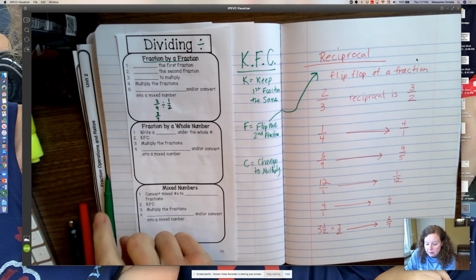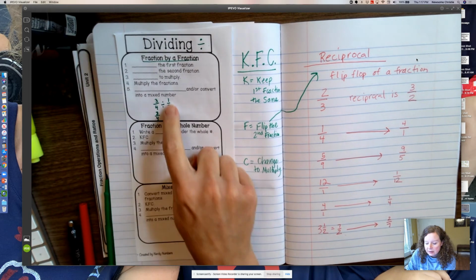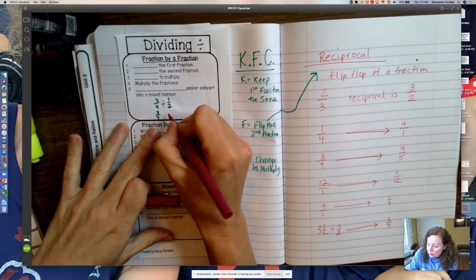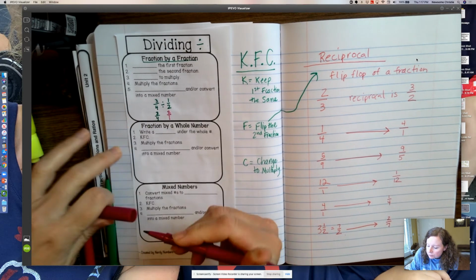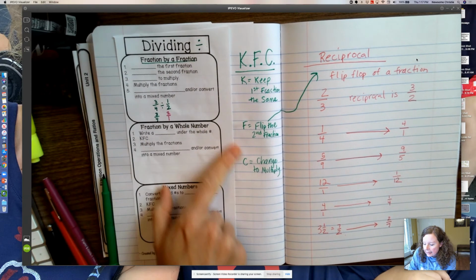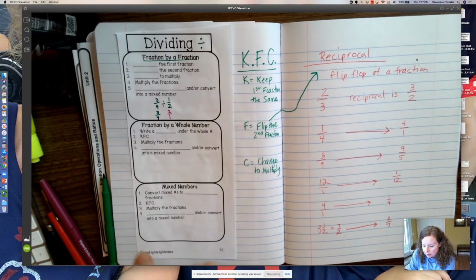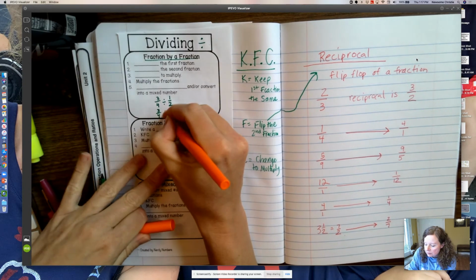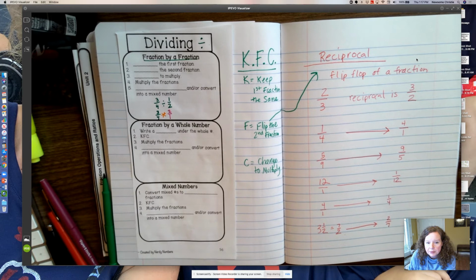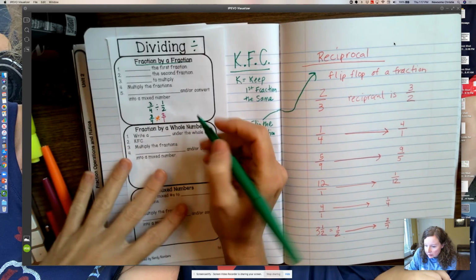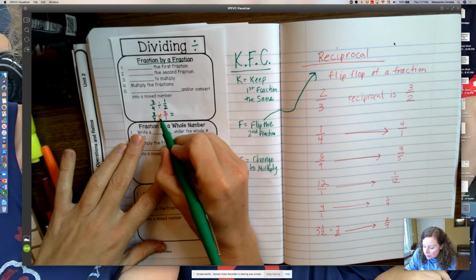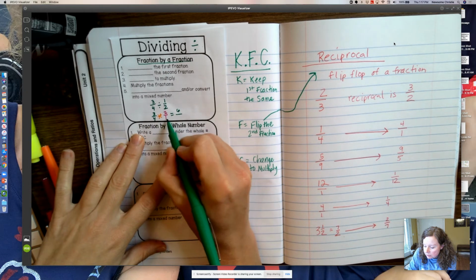Flip the second fraction. So we take our second fraction and we flip it. We do the reciprocal. And then we change this problem to multiply. Okay, so instead of divide, this becomes a multiply problem. And now we can solve this problem. So 3 times 2 is 6. 4 times 1 is 4.